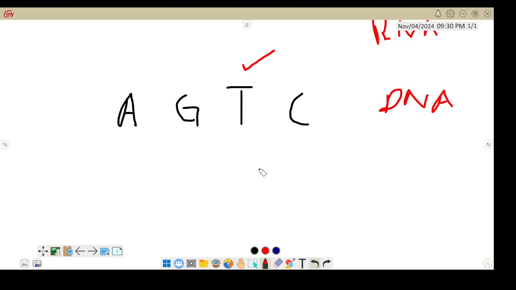So later on, when we'll be dealing with transcription, there'll be a change. What is thymine in DNA will be replaced with uracil when we're talking about RNA.